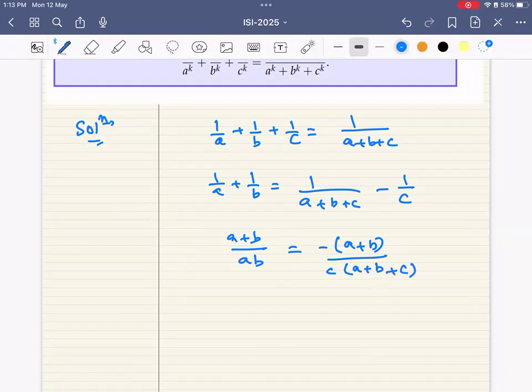So either a plus b is 0, or you can cancel a plus b from both sides.